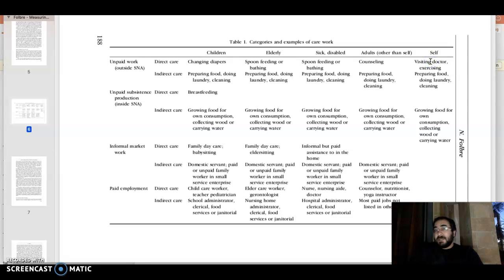All of them might be part of care for the sick; visiting a doctor and counseling, you can be sick. But the main point here is that all activities like sleeping and taking a bath might also be thought of as unpaid work. That is direct care.